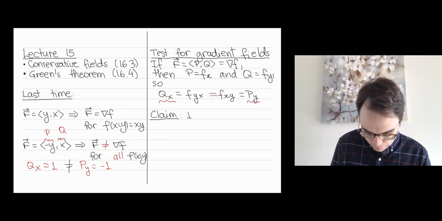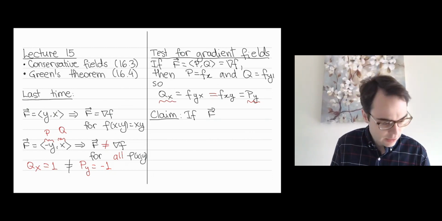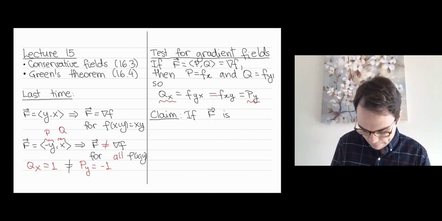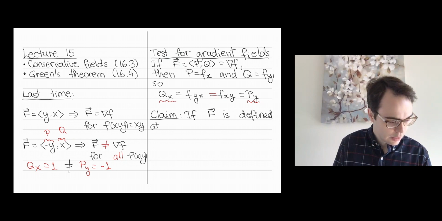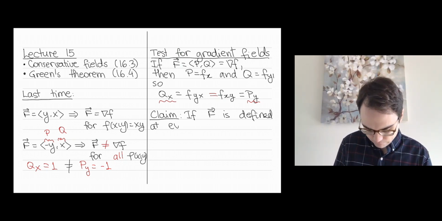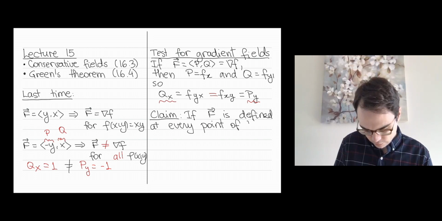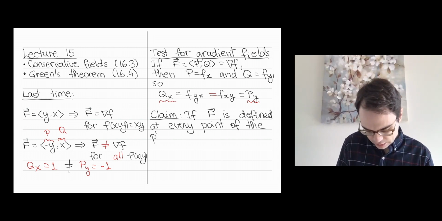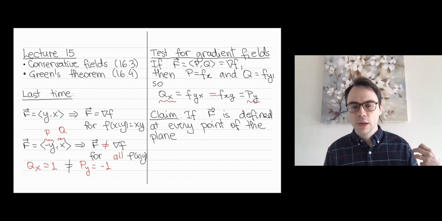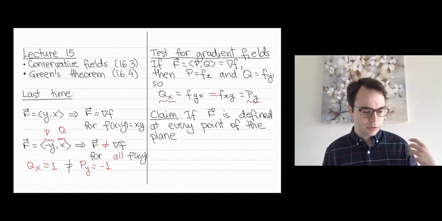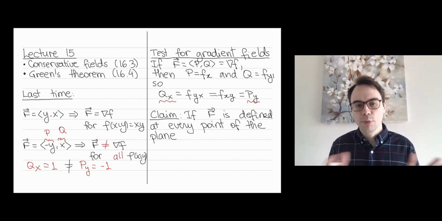So if f is defined at every point of the plane, so this means that the two component functions p and q are defined for all inputs, for all points in the plane.